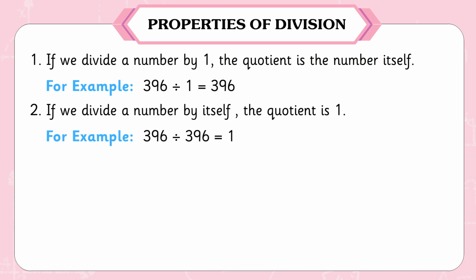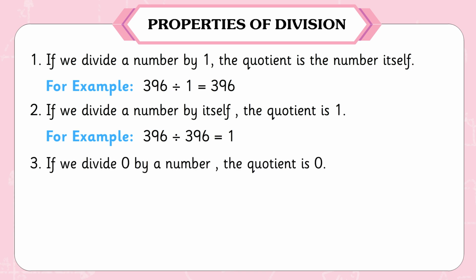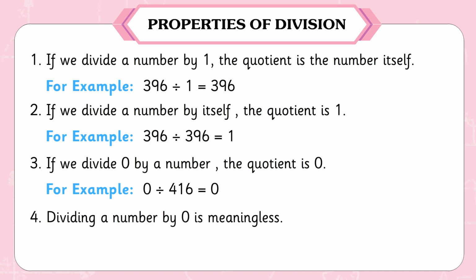For example, 396 divided by 396 is equal to 1. 3. If we divide 0 by a number, the quotient is 0. For example, 0 divided by 416 is equal to 0. 4. Dividing a number by 0 is meaningless.